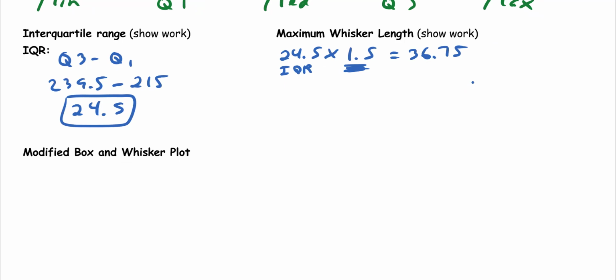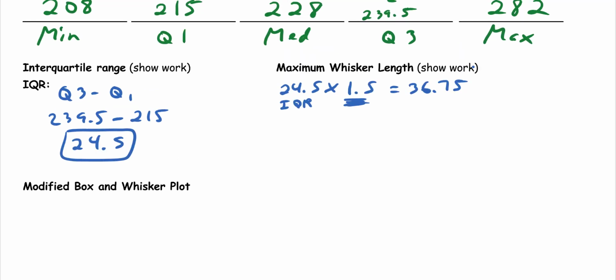All right, so let's go back so we can see our values here. We're going to do Q1 minus 36.75 because I want to see how low it's going to go to the left. And so Q1 minus 36.75 is 178.25.